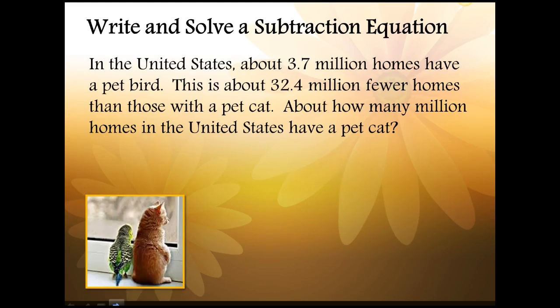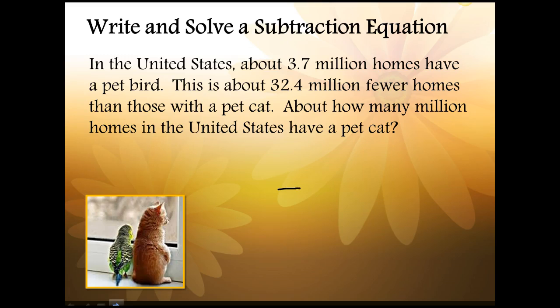Let's try some word problems in which we will write and solve a subtraction equation. In the United States, about 3.7 million homes have a pet bird. This is about 32.4 million fewer homes than those with a pet cat. About how many million homes in the United States have a pet cat? Since we are writing and solving a subtraction equation, we know we'll need a subtraction sign and an equal sign.